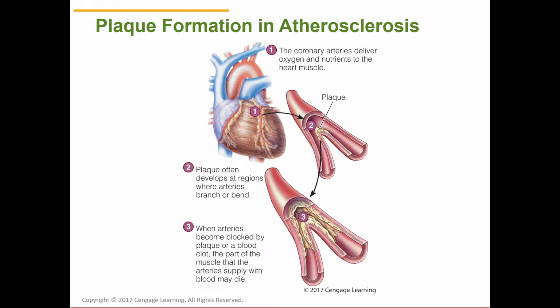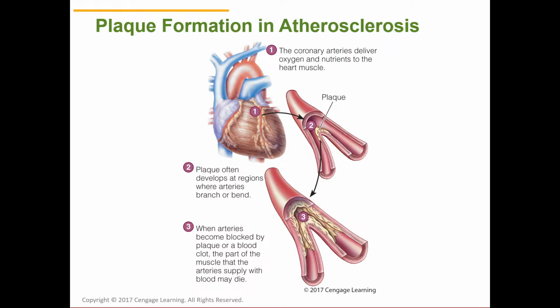I placed a picture here of the heart, and on top of it, the coronary arteries supplying it with blood, because it has cells that really need nutrients and oxygen. Number one, the coronary arteries deliver oxygen and nutrients to the heart muscles. Number two, as you can see, the vessel that has been cut open has some buildup of fats starting inside the artery.